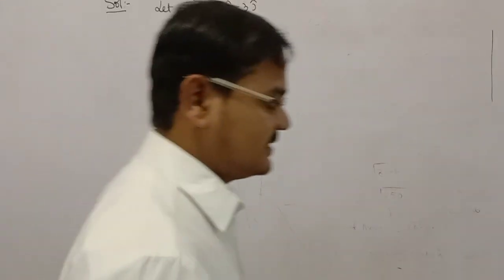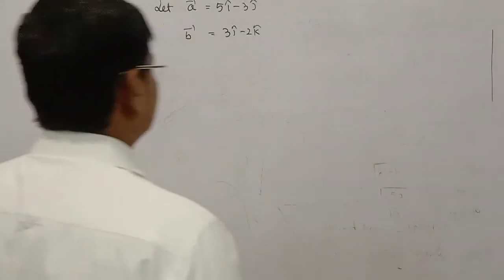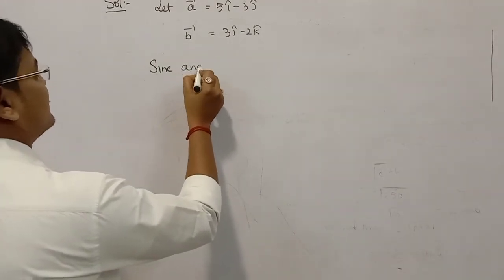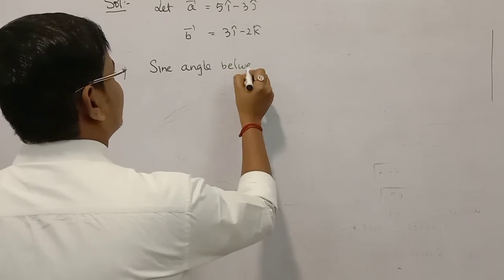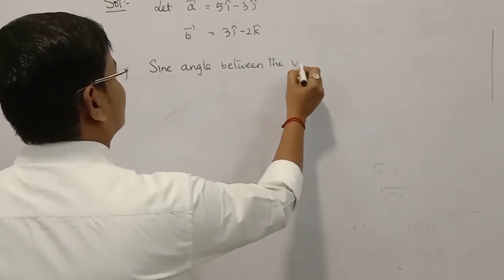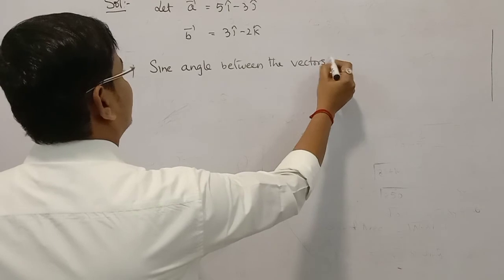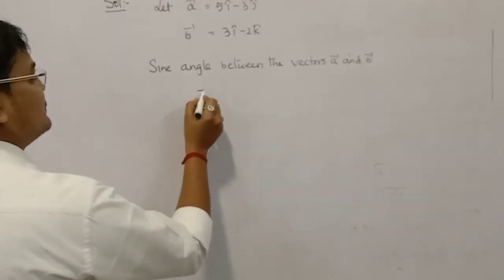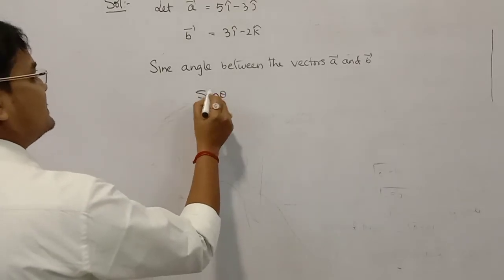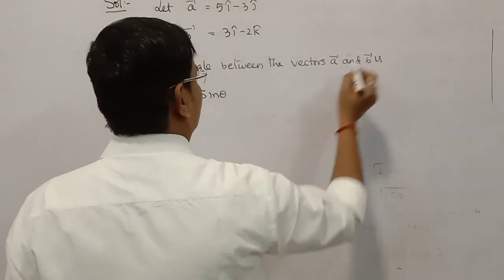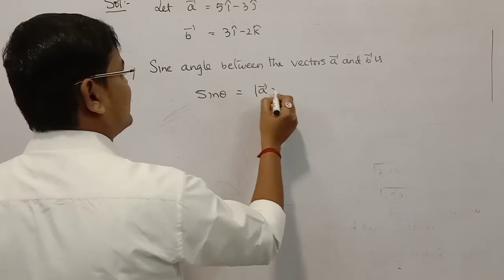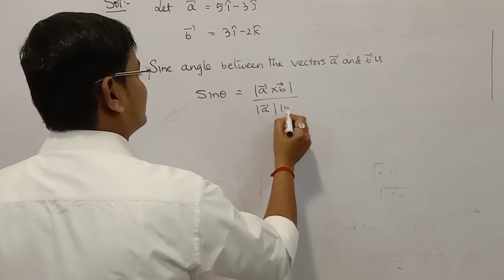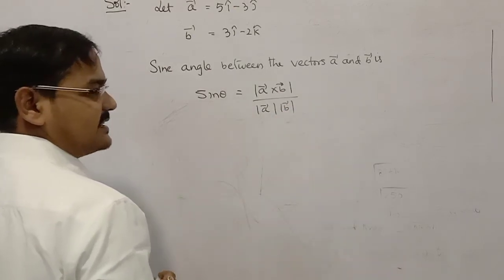I need the sine of the angle. Therefore the sine of the angle between the vectors A bar and B bar is sin theta equal to magnitude of A bar cross B bar by magnitude of A bar into magnitude of B bar. Okay, this is the sin theta formula.